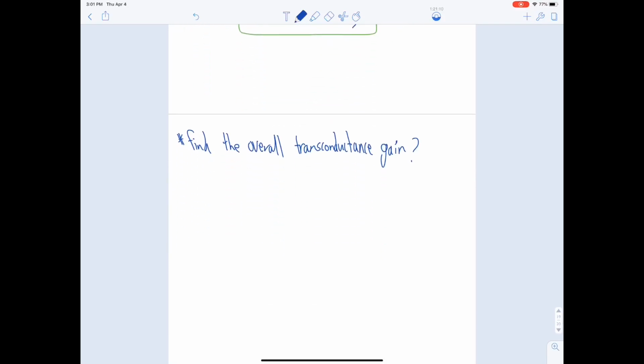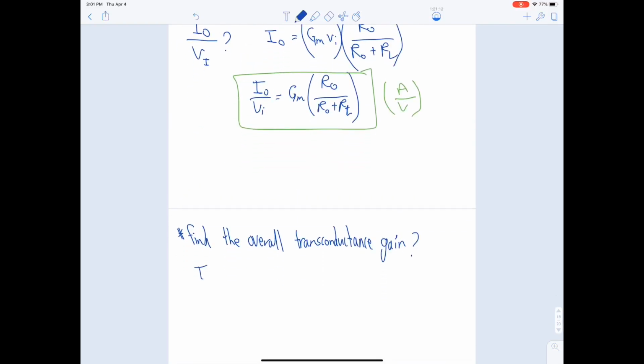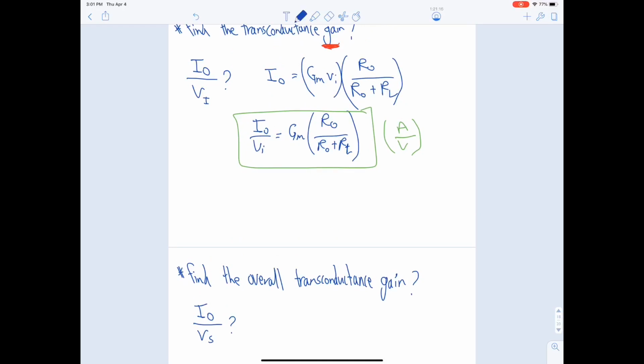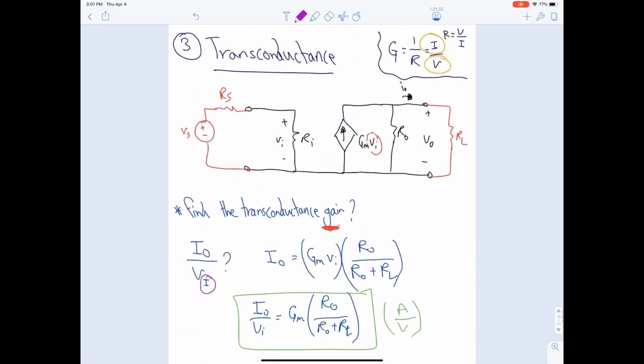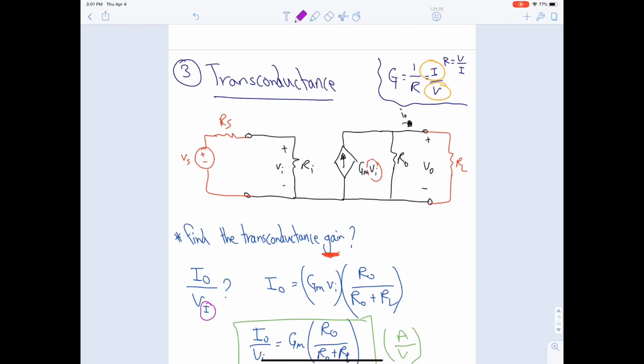The overall transconductance gain is I output divided by Vs. You will only change the V input into Vs. As I said before, the gain by itself is output over input, but the overall is output over the source.